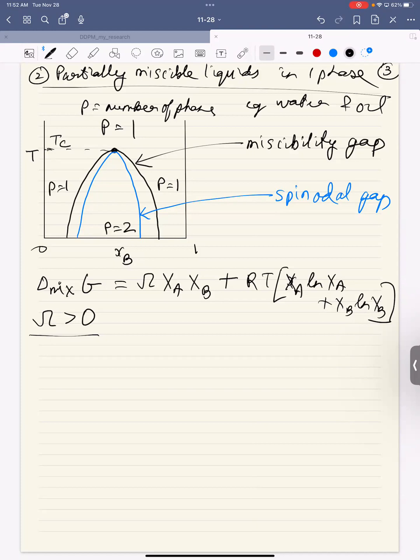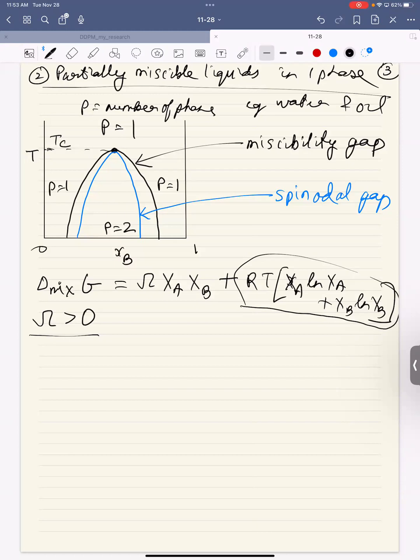Anyway, so let's think about omega positive. At omega positive, if temperature becomes infinite, then it doesn't matter whether omega is positive or negative, right? It's all about entropy. Then it will be perfect mixing, because entropy tells you just mix. The more you mix, the better it is, right? Entropy is higher.